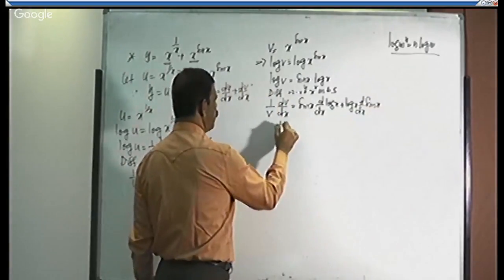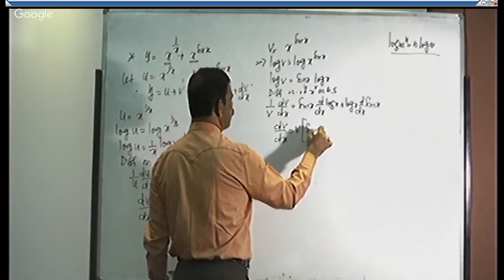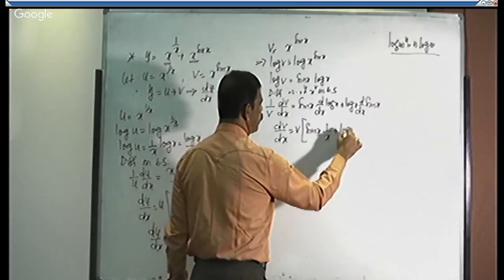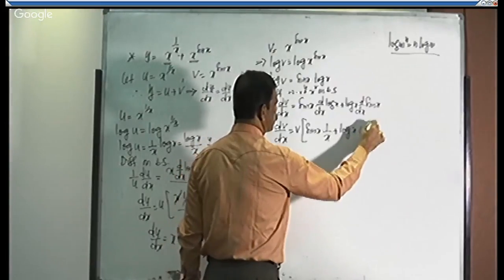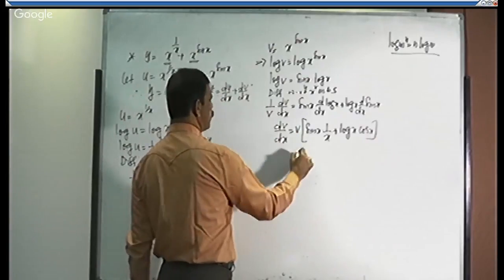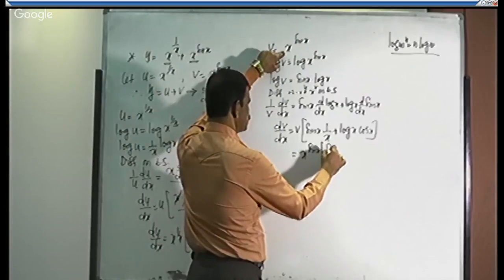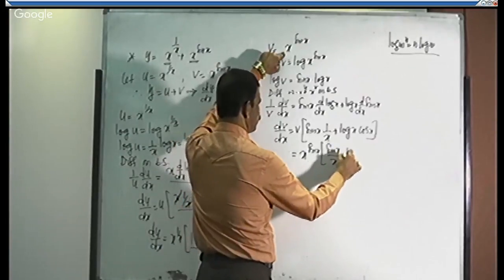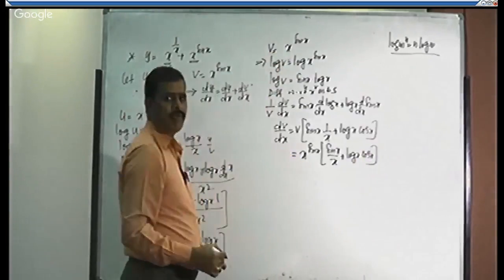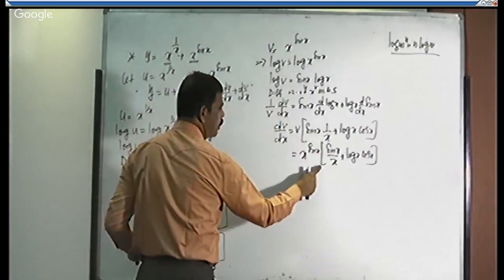Or dv by dx is equal to v into sin x, differentiation of log x is 1 by x, plus log x into differentiation of sin x is cos x. What is v? v is equal to x to the power of sin x into sin x by x plus log x into cos x.